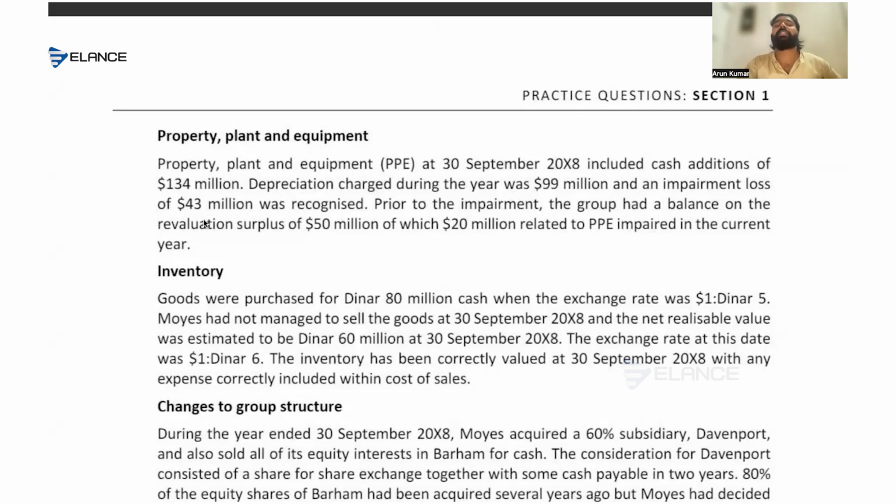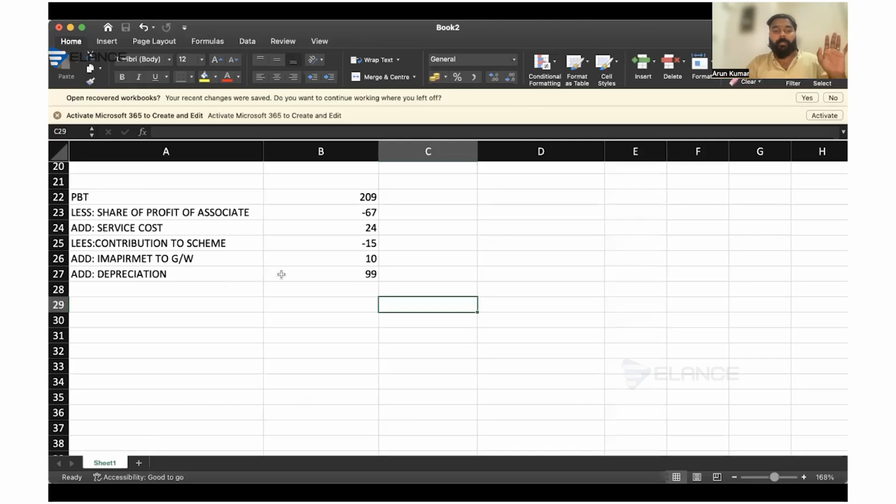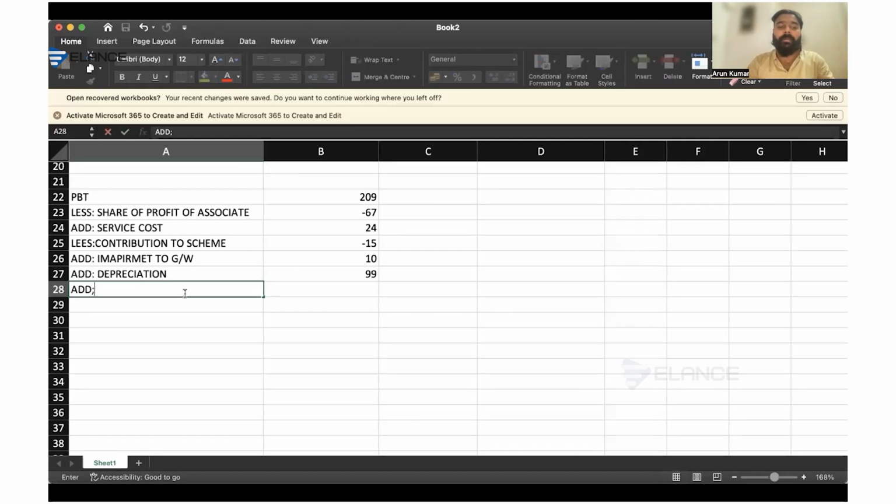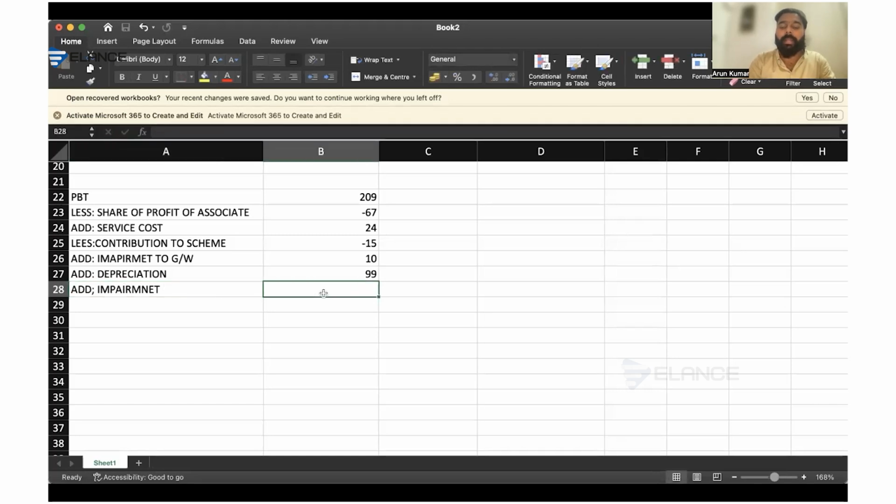Even though the impairment loss is 43, with respect to the same PPE there was a revaluation surplus balance of 20. So only that net amount will get charged to P&L, right? So when we are adding back the impairment of PPE, we only need to add back 43 minus 20. Only 23 needs to be added back. Perfect. Fine.